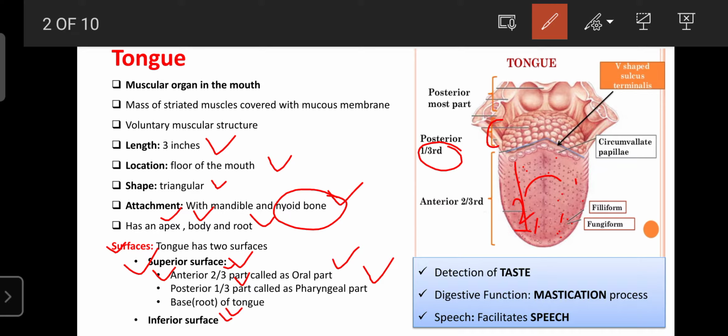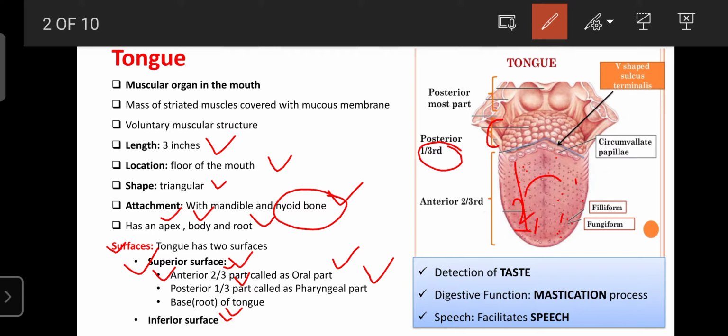And those patients whose tonsils are removed always have weak immunity. Easily the microorganisms enter the body due to lack of the tonsils. That's why the tongue also plays an important role in the defense mechanism.